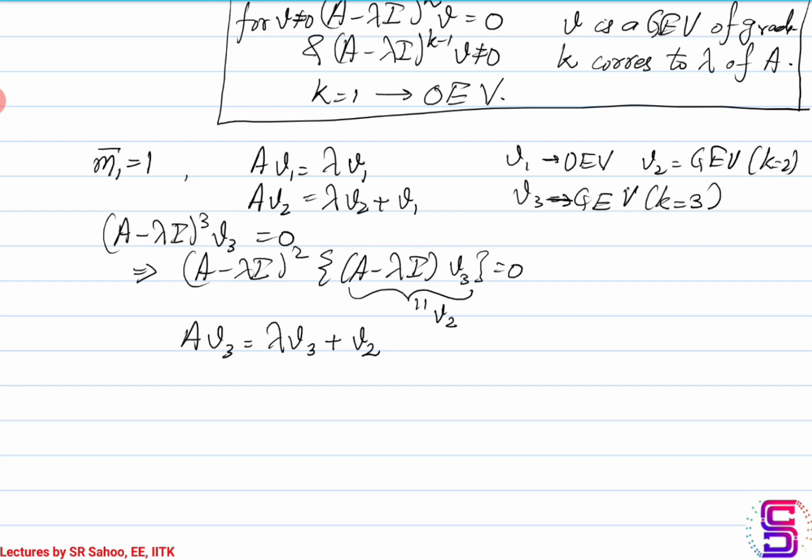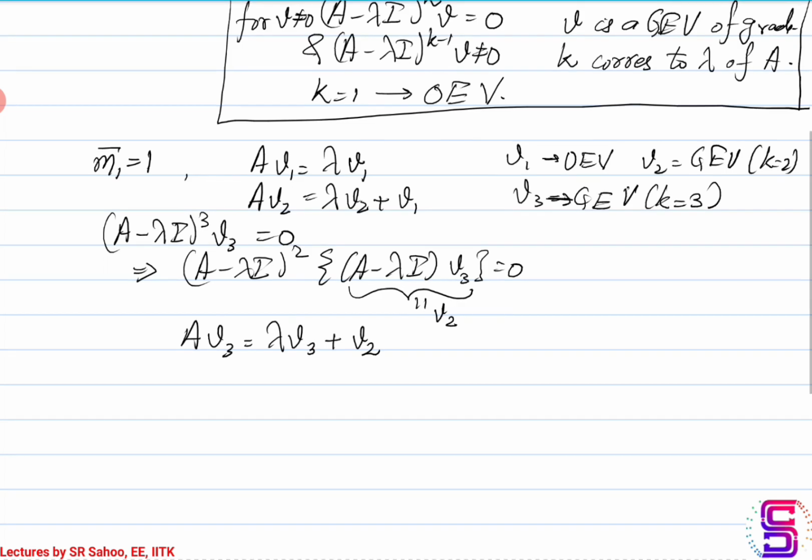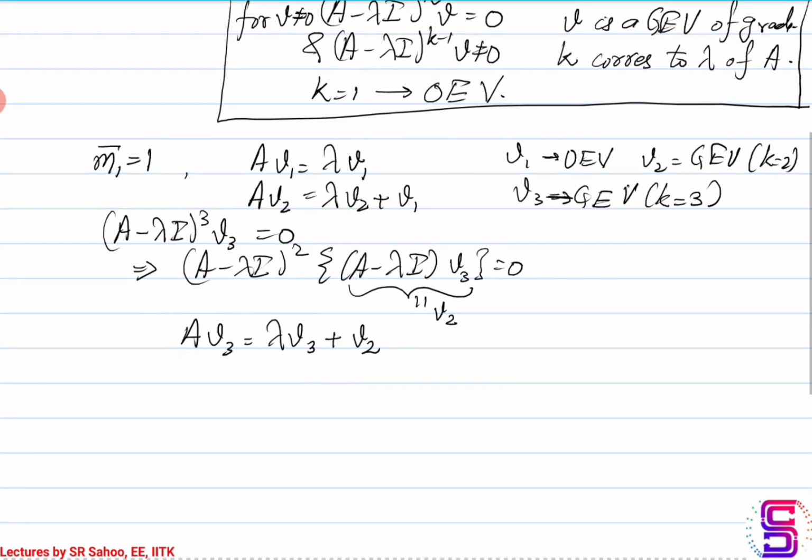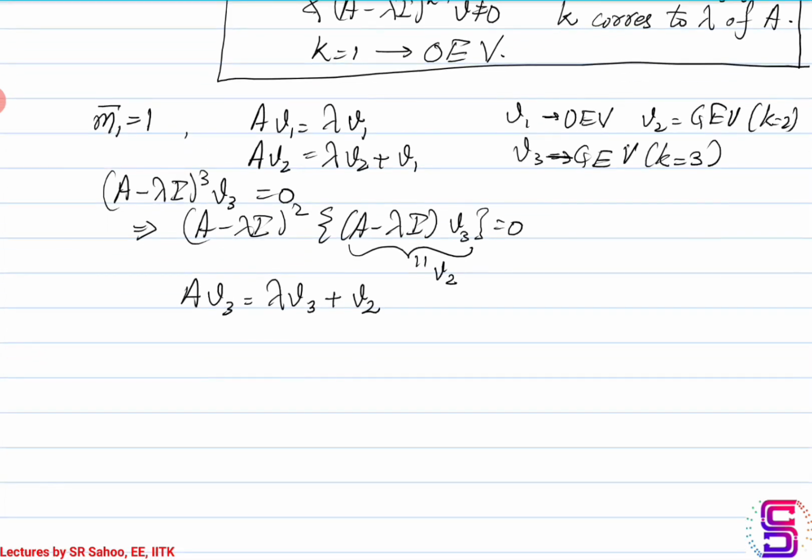Now, when A acts on V1, you get lambda V1. When A acts on V2, you get V1 plus lambda V2. And when A acts on V3, you get V2 plus lambda V3. So the matrix representation of the linear transformation represented by A with respect to the basis V1, V2, V3.